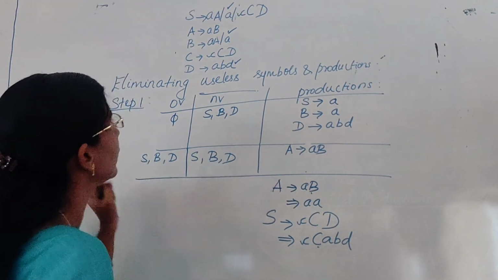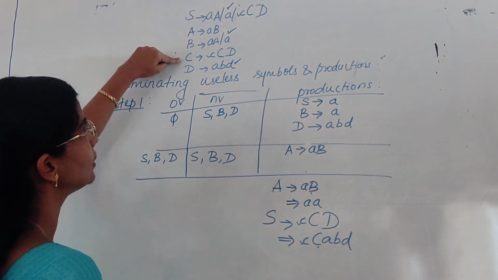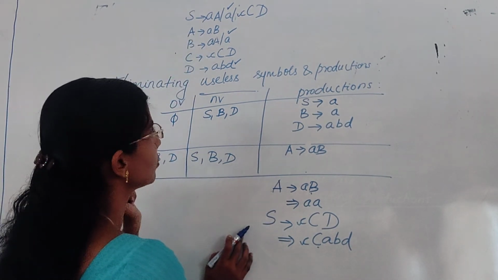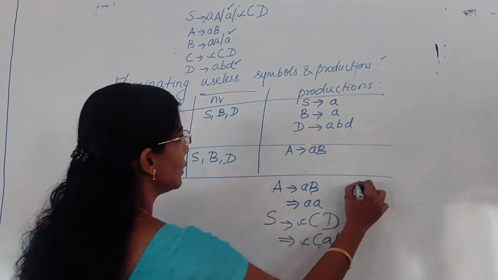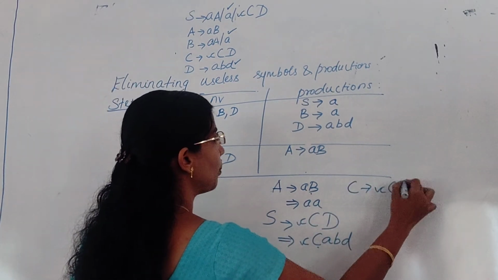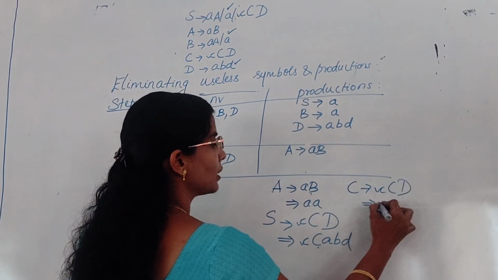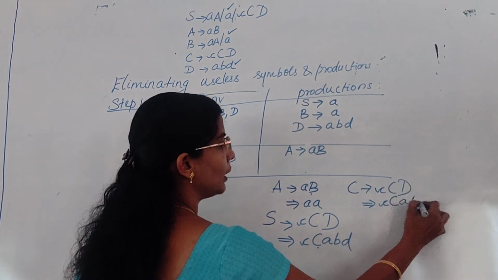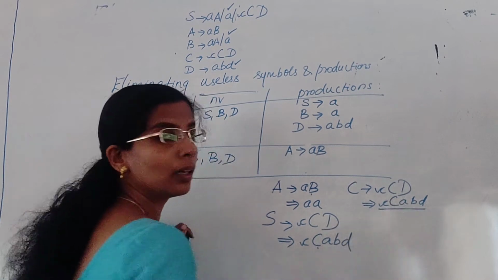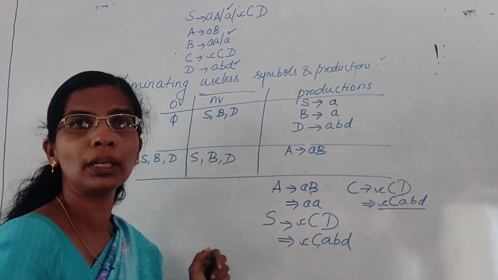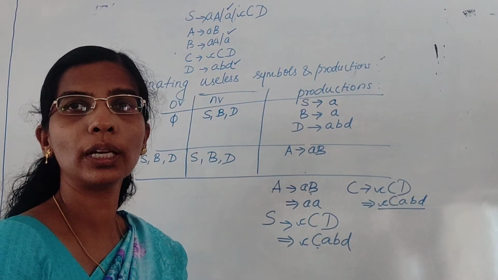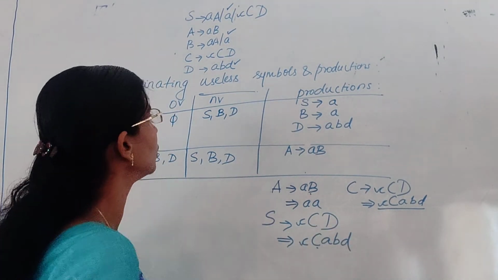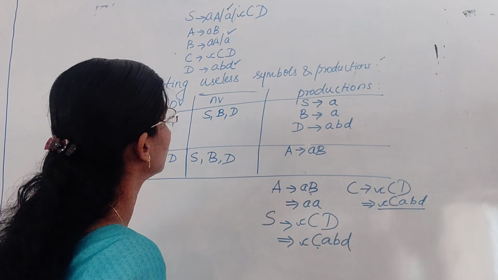Similarly, this C also, the same thing happens. If I take C tends to small c, capital C, D, and substitute for capital D, a, b, d, I will get a mixture of terminals and non-terminals. I won't get only terminals in the RHS, so I cannot do that substitution either.